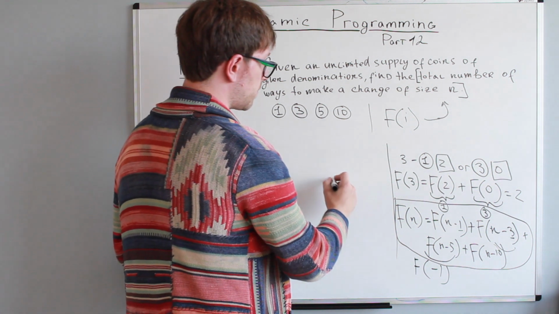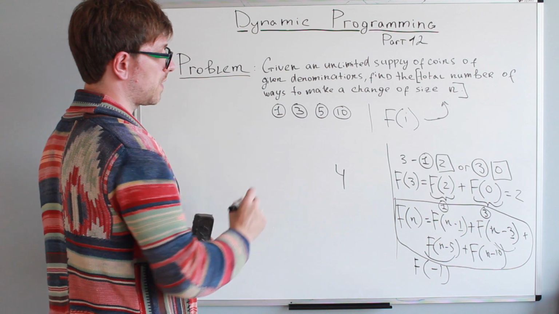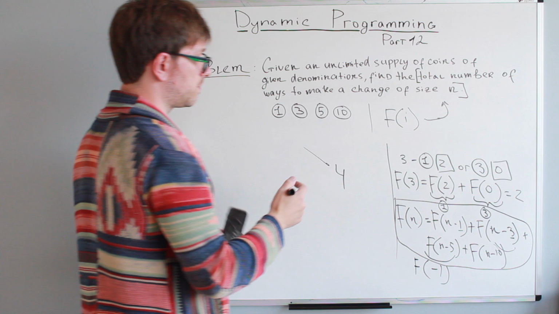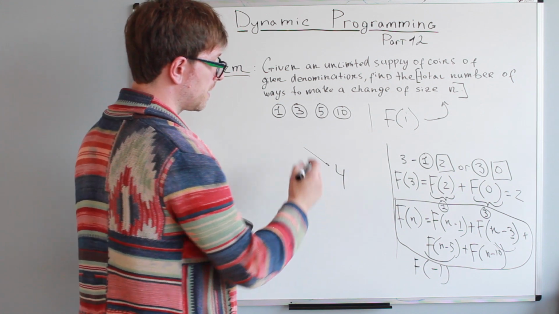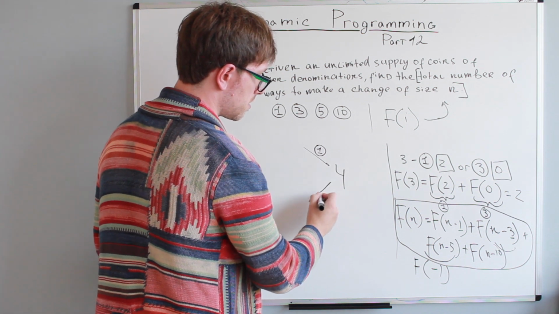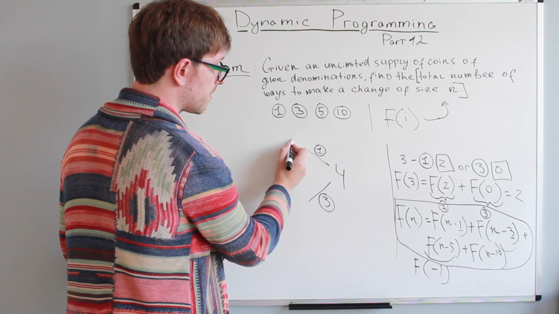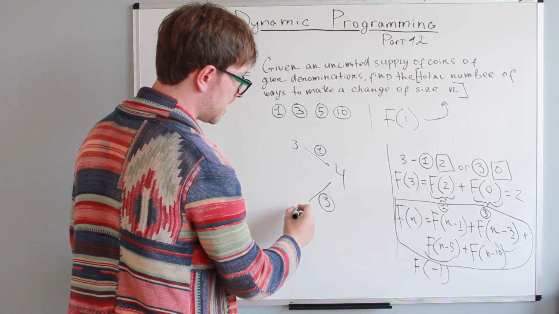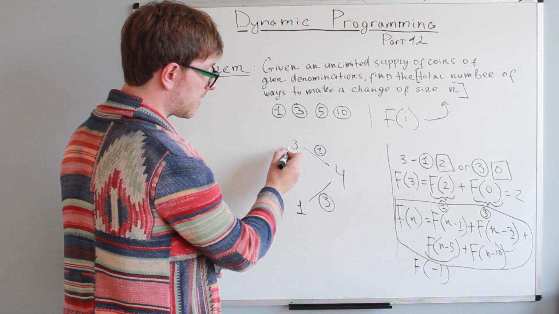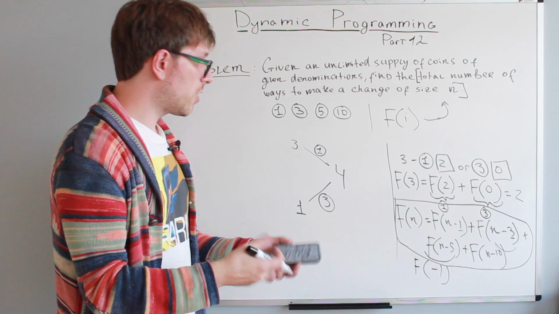So if we have 4 cents and we need to make a change out of 4 cents, what could be the last coin that we would give away? We would give away either 1 cent or 3 cents, right? So in this case, we would still have to return 3 cents, and in that case, we would have to return 1 cent. And then how many ways to get 3 cents? We don't know. How many ways to return 1 cent? We may or may not know.